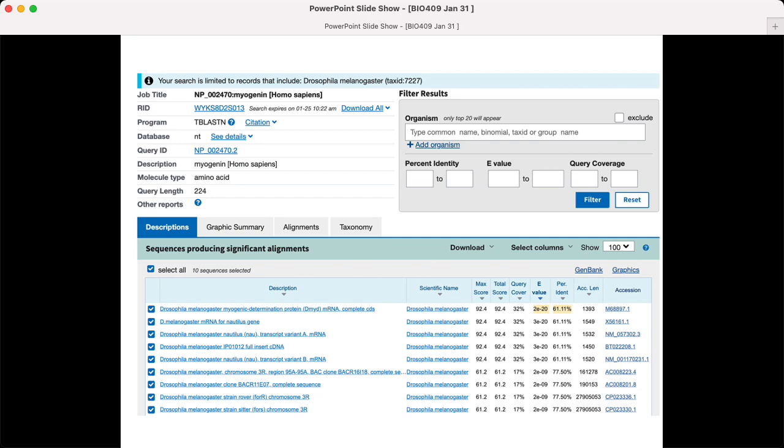The dog myogenin amino acid sequence and the human myogenin amino acid sequence are so remarkably similar that nothing in our universe has ever happened that way by chance. Just no way. It's not a 1 in a million, 10 to the minus 6 chance. It's a 1 in 10 to the minus 115 chance, right?